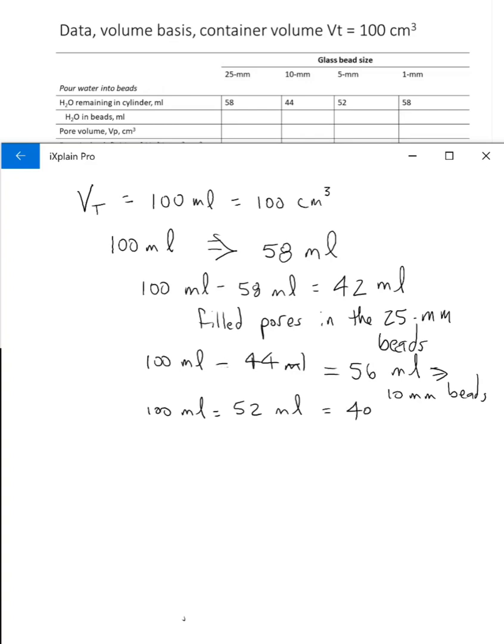That's 48 milliliters in the 5 millimeter beads. And then we get to the 1 millimeter beads, and we end up with 42 milliliters of water in the 1 millimeter beads.